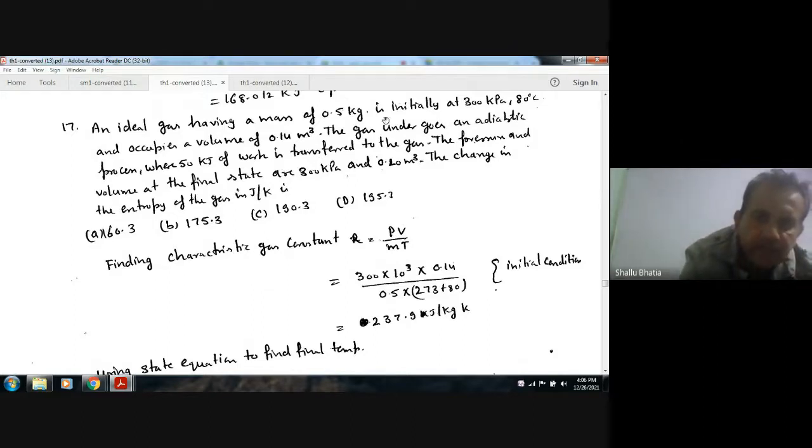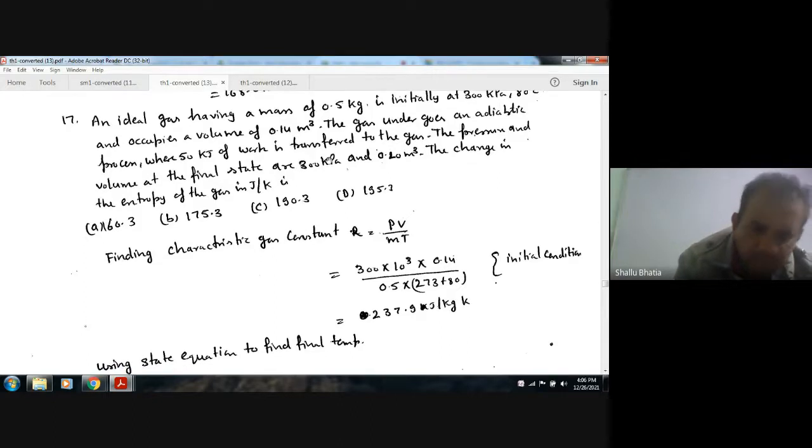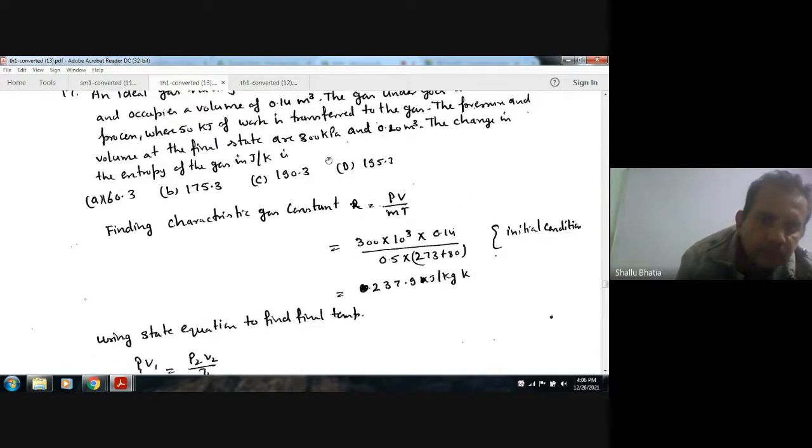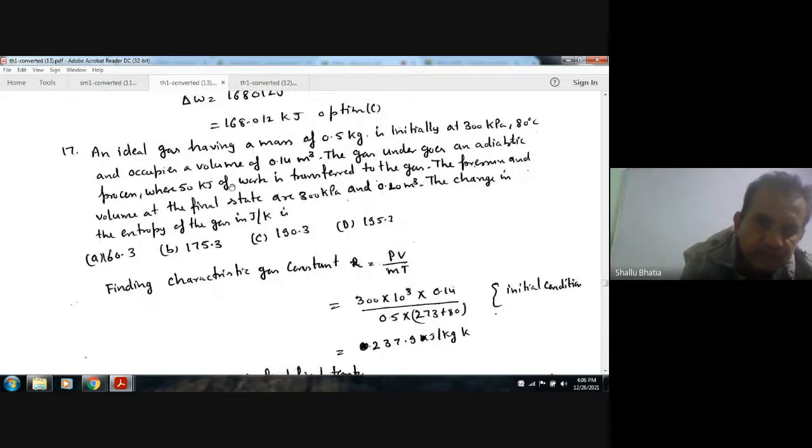We need R, and the pressure and temperature of the final state. The volume is 0.14, the pressure is 300, the temperature is 80 degrees Celsius, and the mass is 0.5, so we can find R. The gas undergoes an adiabatic process in which 50 kilojoule of work is transferred to the gas.